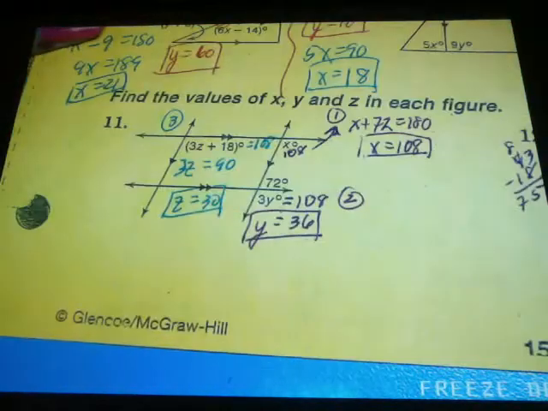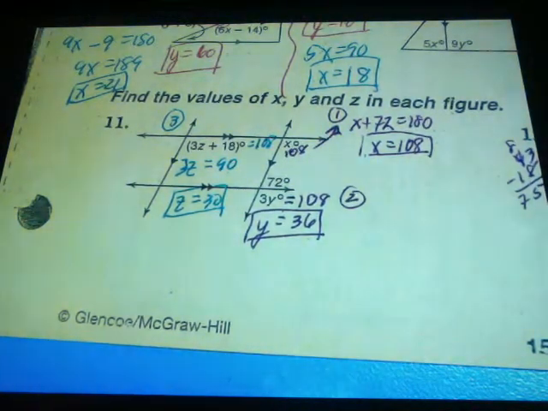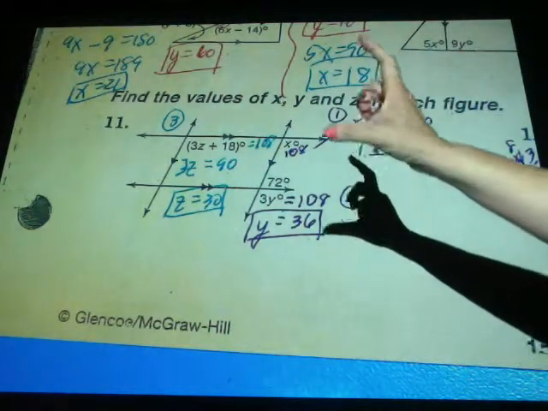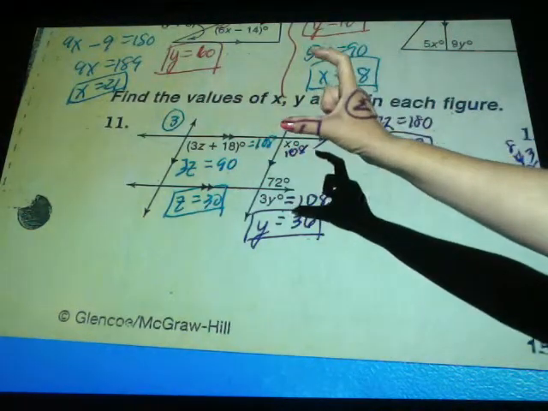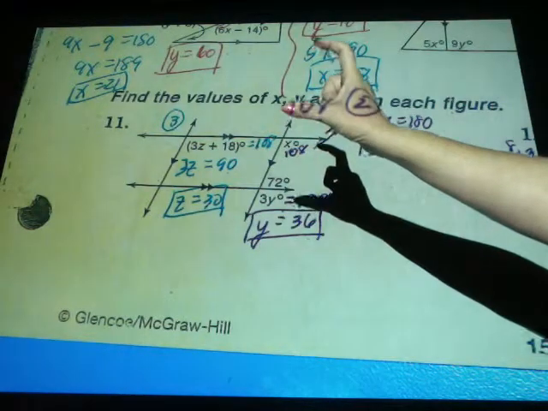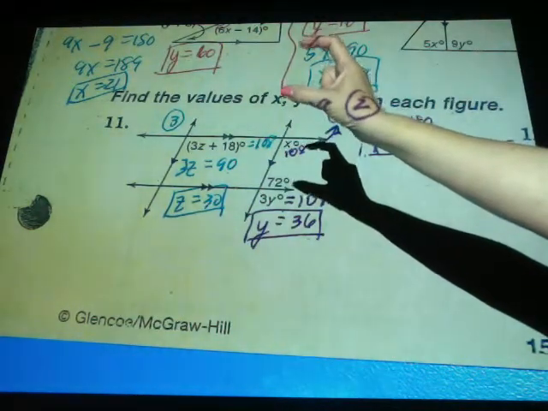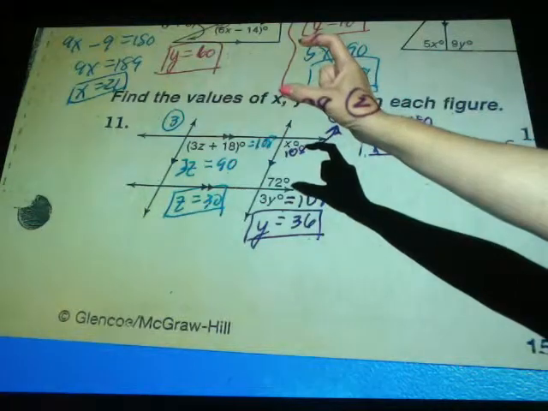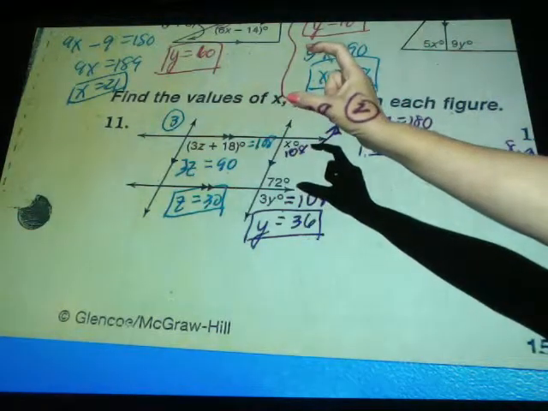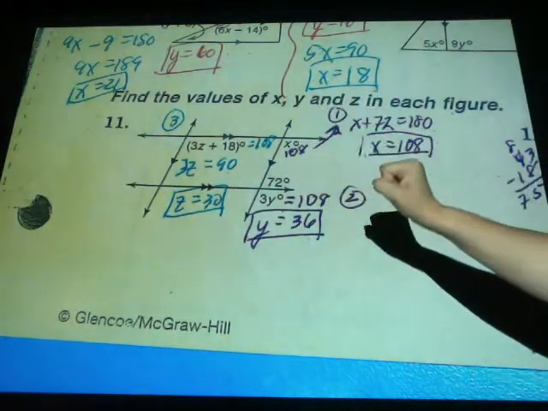So here's number 11. Now you might not have gone in the same order or used the same relationships, but I chose to look at these two. Aren't those two consecutive interior? So aren't they supplementary? All right.